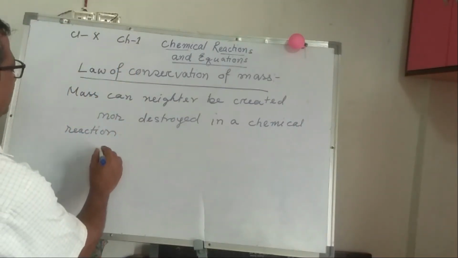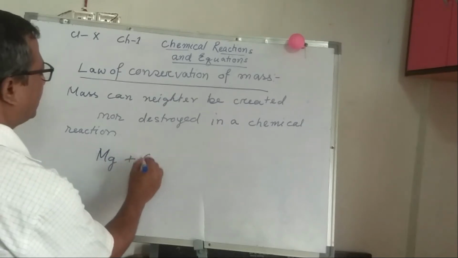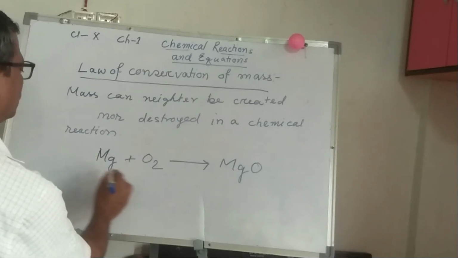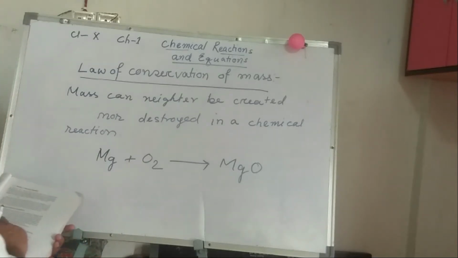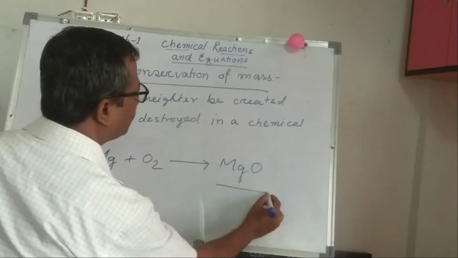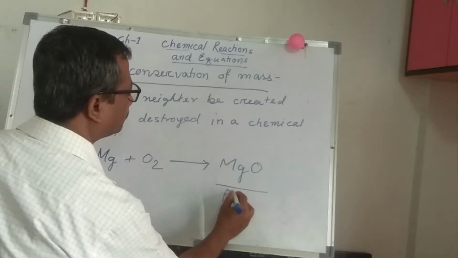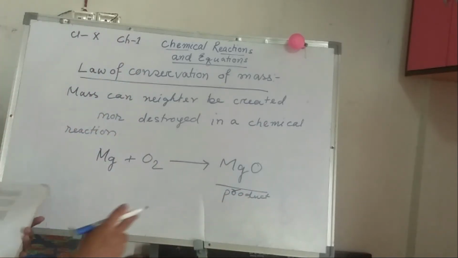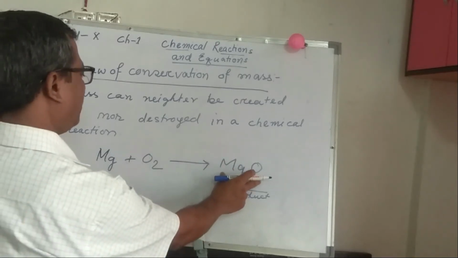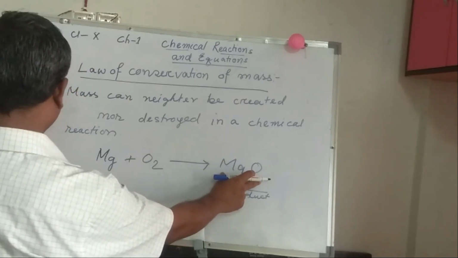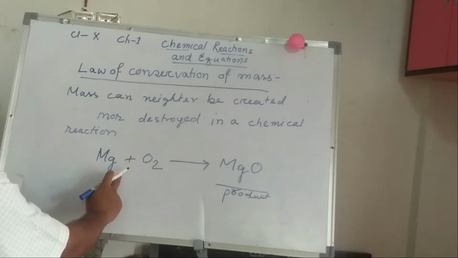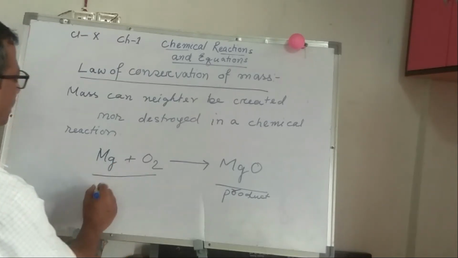So, if we take the example of magnesium and oxygen, the total mass of the elements present in the product, this is the product, has to be equal to the total mass of the elements present in the reactants. This is the reactant.